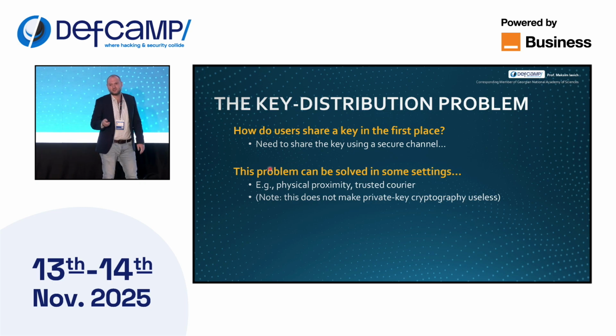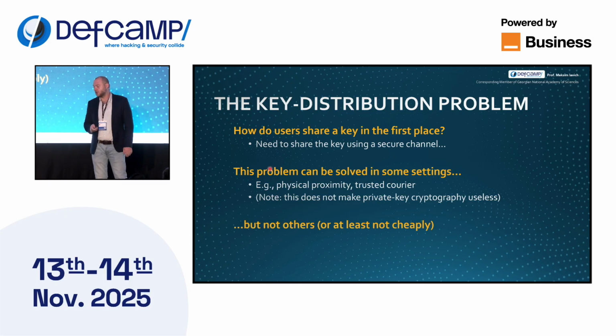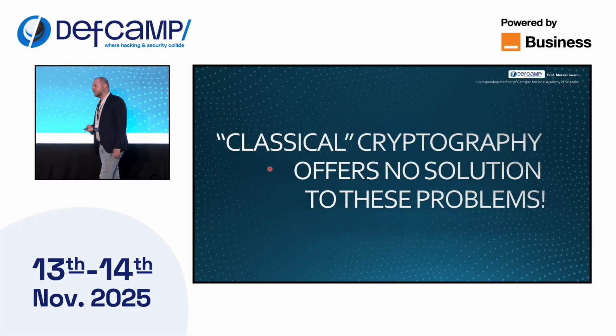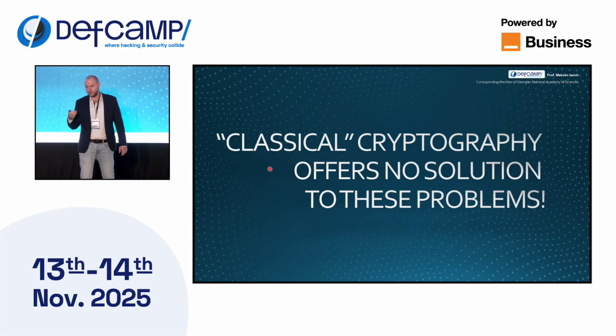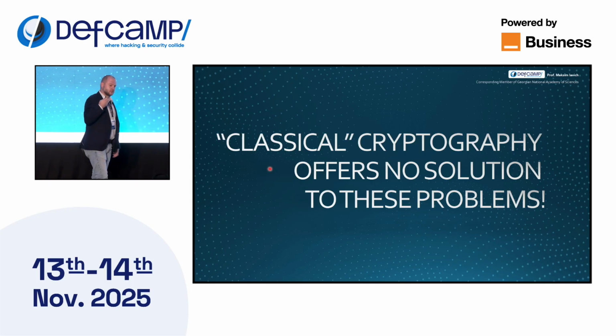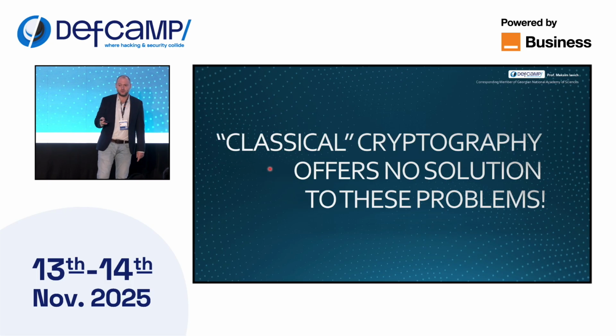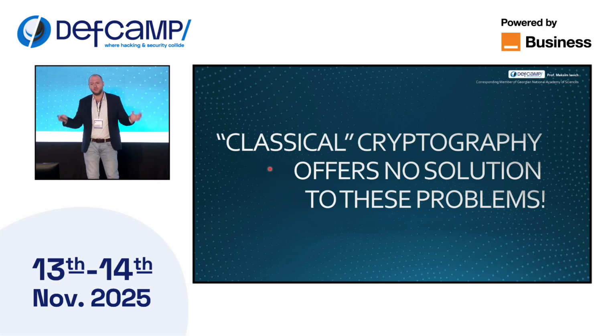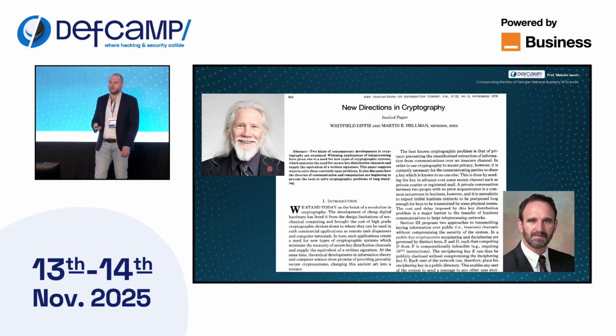Of course, it's not efficient, and it cannot work like this. Because of it, we have asymmetric cryptography, which is obligatory. It can be broken by quantum computers. It's rather inefficient, but we need it, because classical cryptography doesn't offer any solution for the key distribution problem.